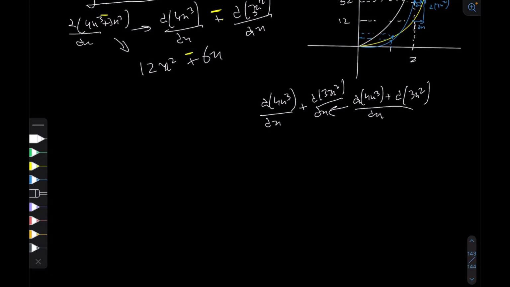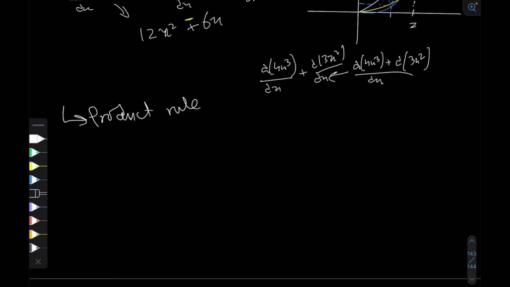So let's come to the case of multiplication, where we can apply the product rule. Before that, I would need to tell you something about e. So let's say e to the 2x is some function, and it is such that its differential is 2 times e to the 2x, right?